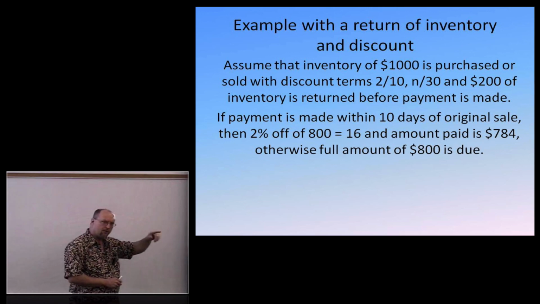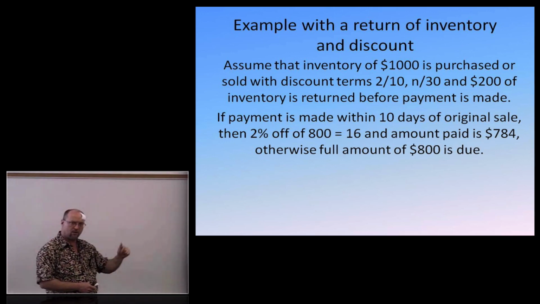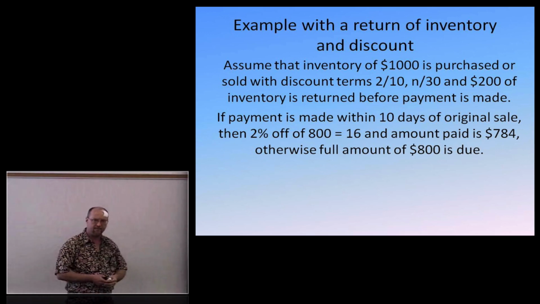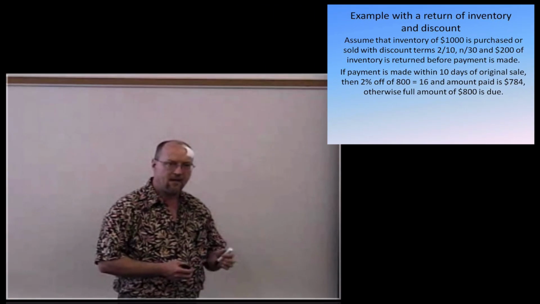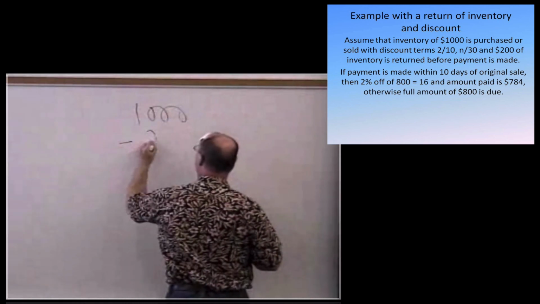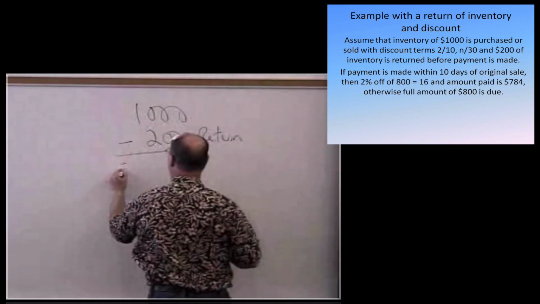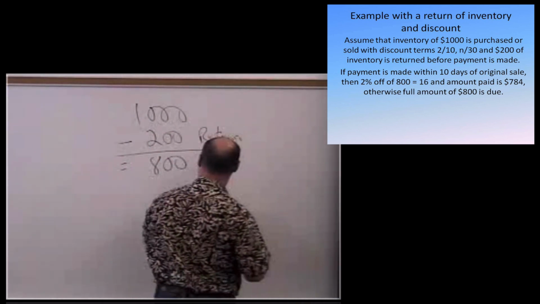If $200 of inventory is returned, we subtract that 200. So 1,000 minus 200 gives us 800. I'll put it on the board here. So $1,000 minus the $200. This is my return. So $800 is owed.